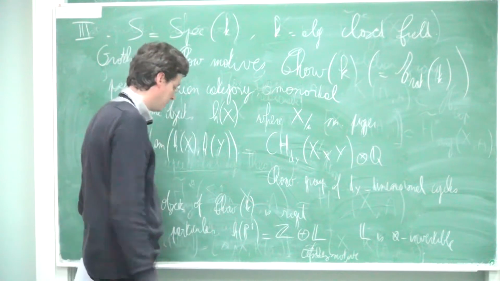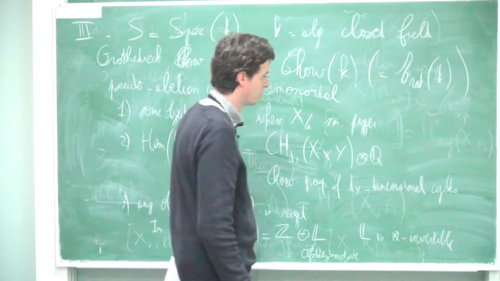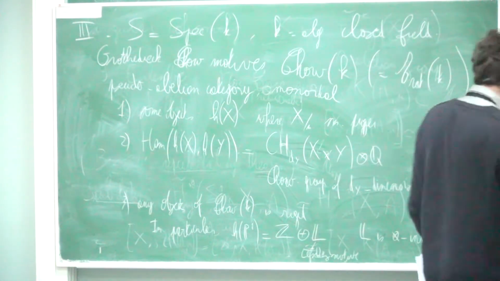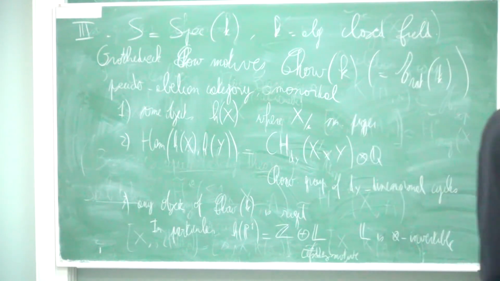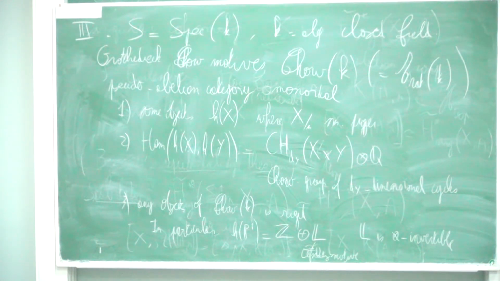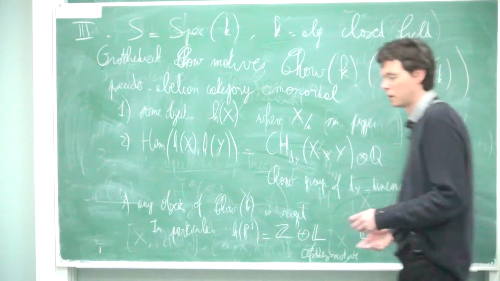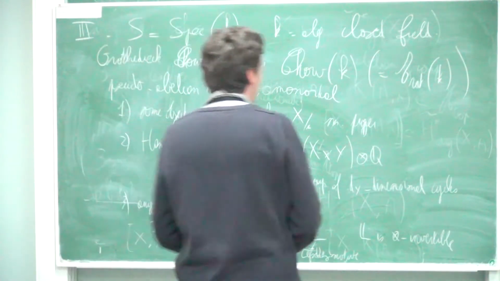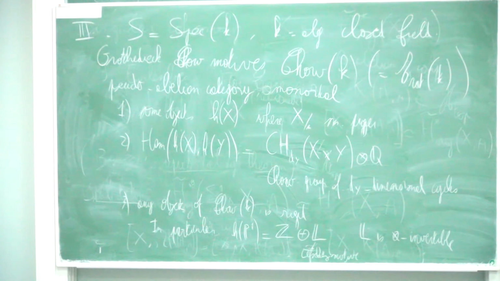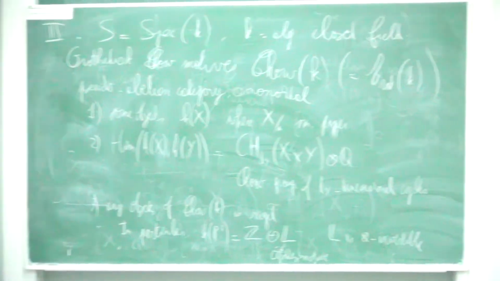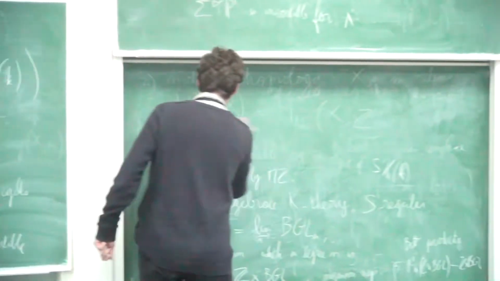So of course, this property reminds us of the construction of the stable homotopy category of schemes. And the link between the stable homotopy category and this category of motives is quite striking. It's a theorem which is due to Morel at the origin.